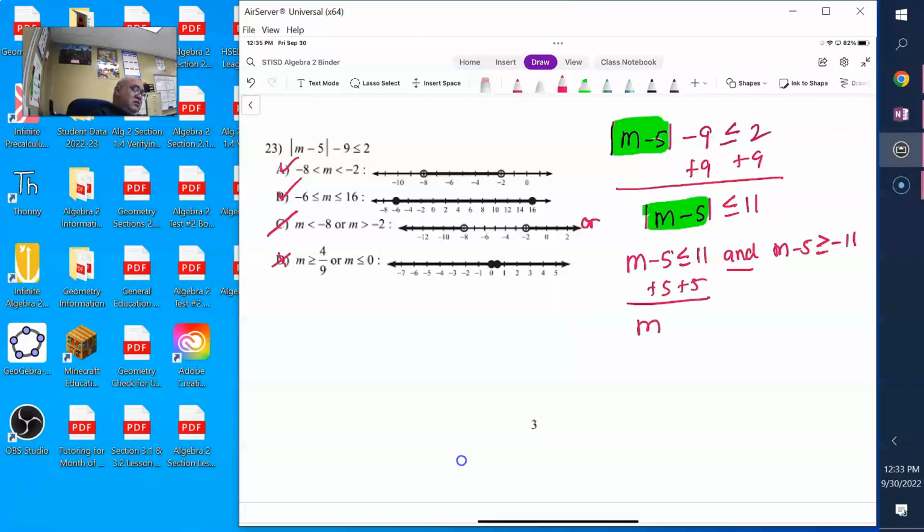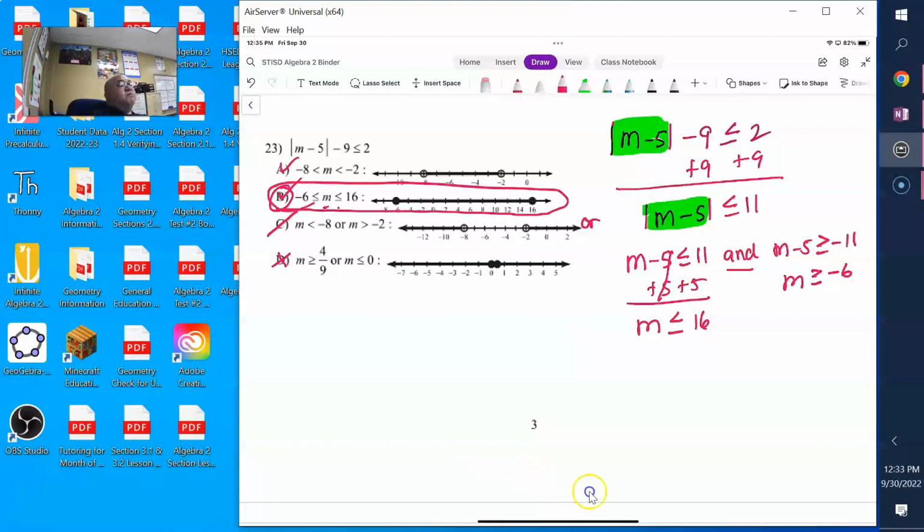So M is less than or equal to 16. So the only one that has 16 is B. M is less than or equal to 16. That's what we have. M is greater than or equal to -6. In this case, the answer is B.